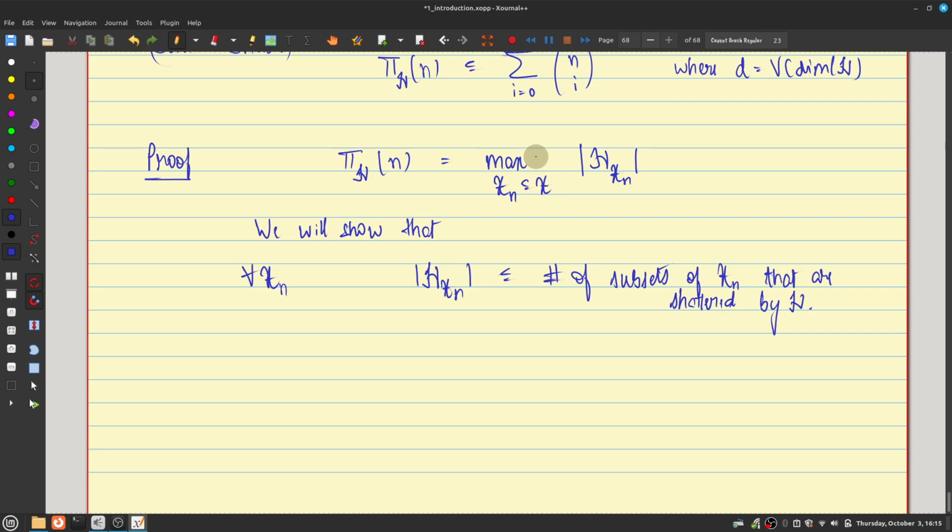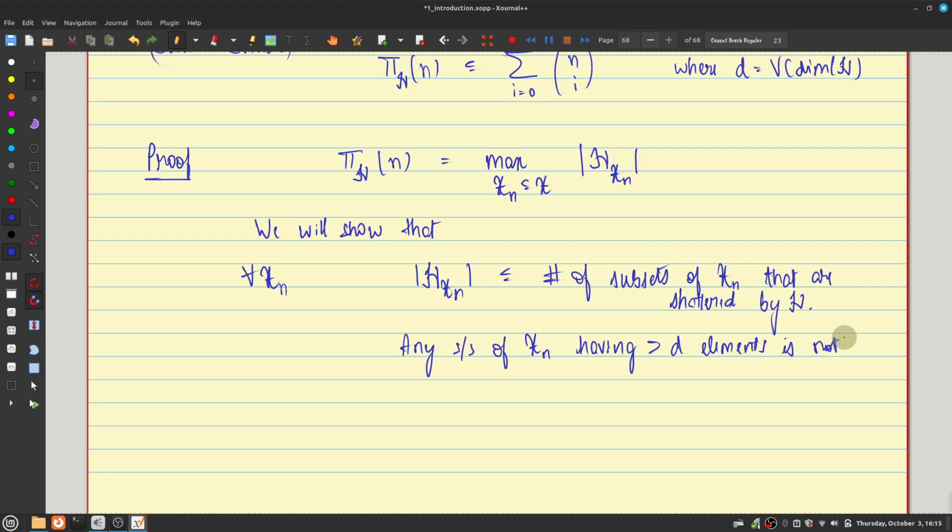D, right? We see dimension, right? So any subset of size larger than D cannot be shattered by H. Any subset of xn having more than d elements is not shattered by H. Right?